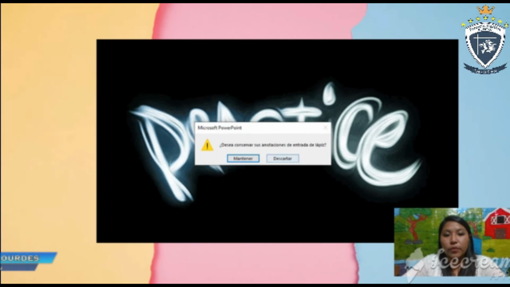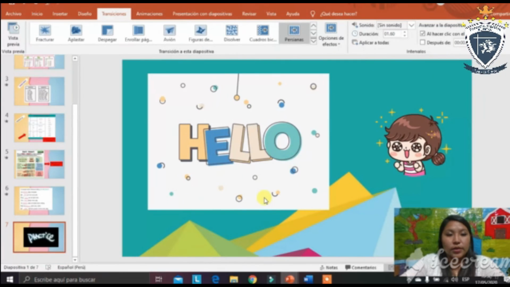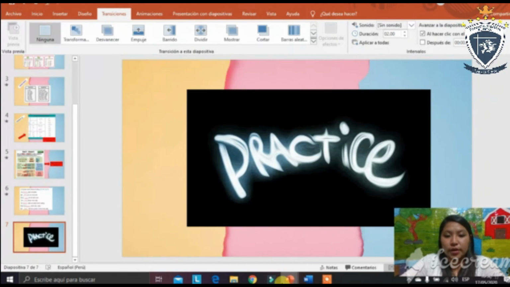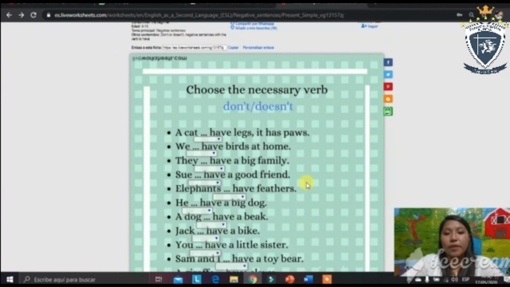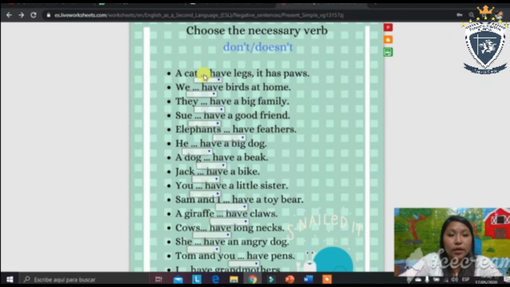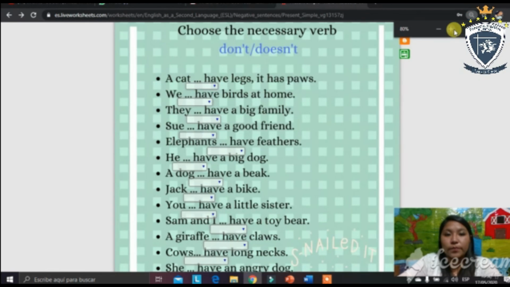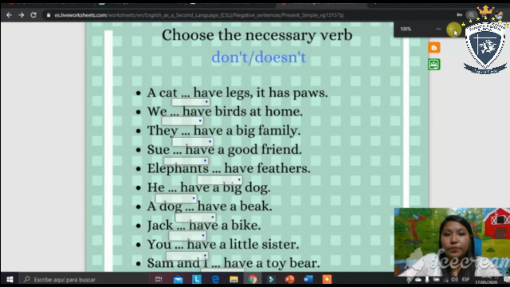Okay? Let's check what is your practice. Okay, here is your practice. Aquí está. Okay, you just have to look at the pronoun, the subject, and choose the correct option. Okay, don't or doesn't. If you can see, I'm going to put this, para que puedas ver.